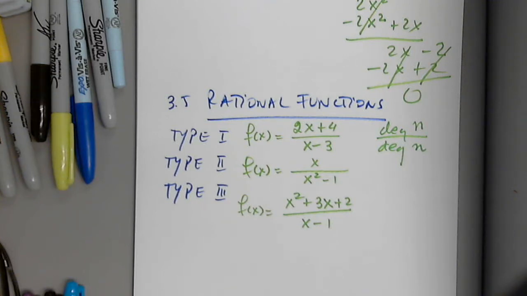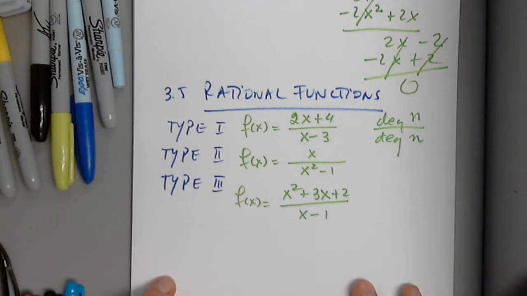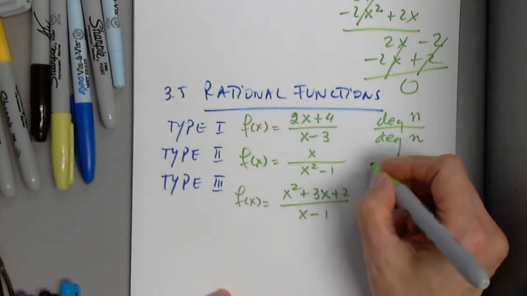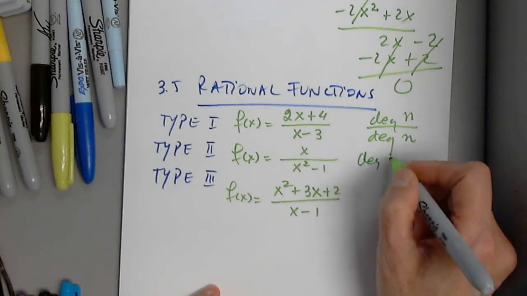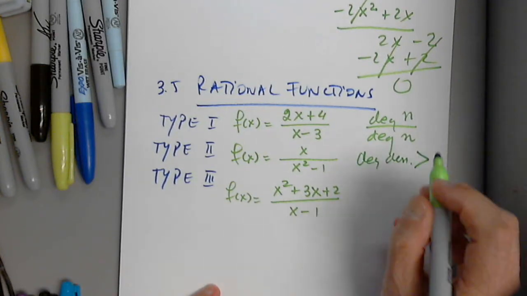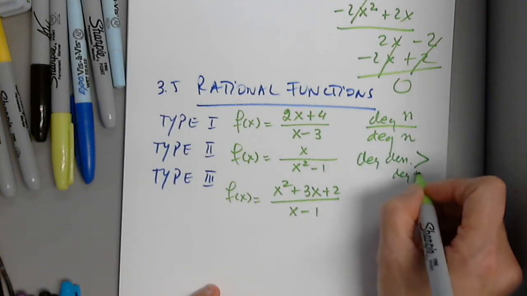It will be a very little difference between type 1 and type 2. This is totally different, the third one. Okay, what do you notice in the second one? The top has degree 1, and the bottom degree 2. So anytime the degree of the bottom is bigger, no matter what, it can be by 1 unit bigger, by 10 units bigger, we don't care. So degree in the denominator bigger than degree in the numerator.